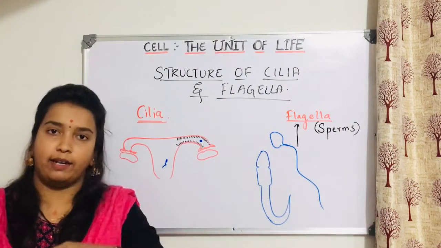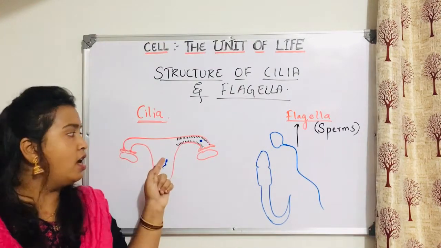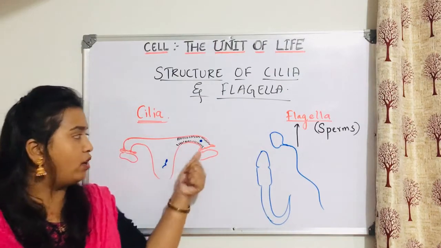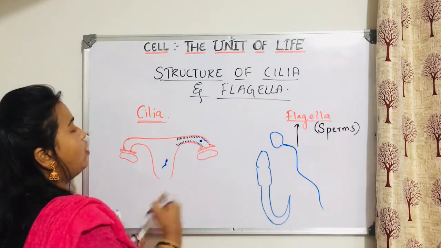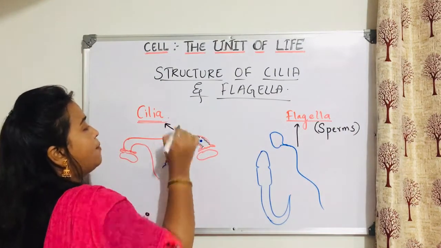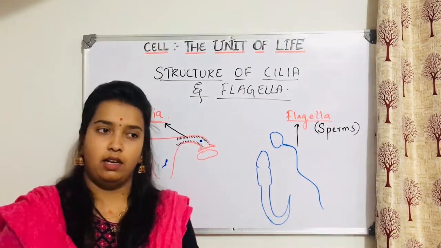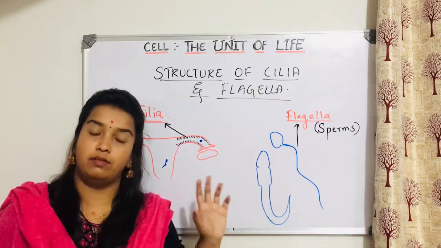Whenever the sperm comes till here, the cilia beat in such a fashion that the sperm moves and reaches the egg. So what are these hair-like structures that you find here? We call them cilia.